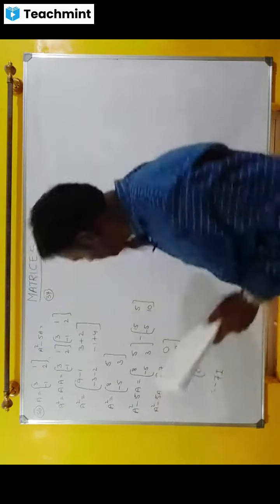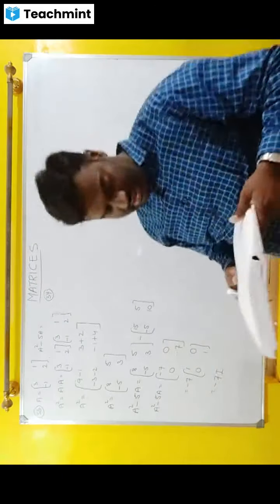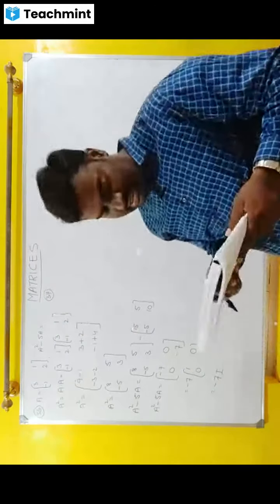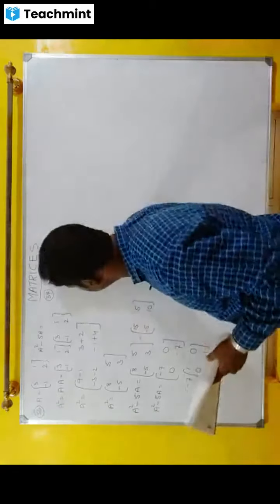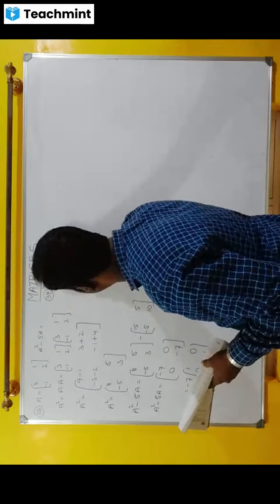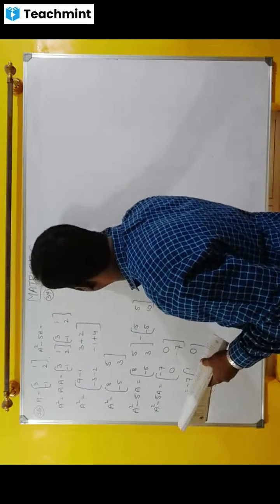Okay, listen. In the 37th question, what is given? A matrix order is m by n.